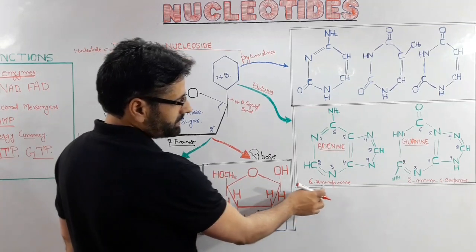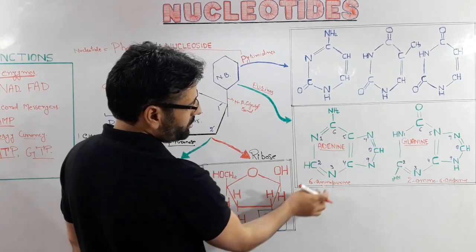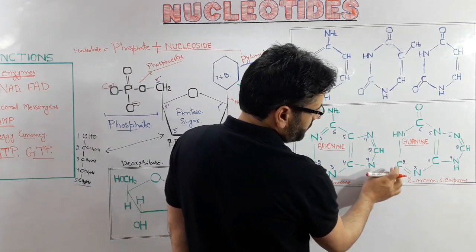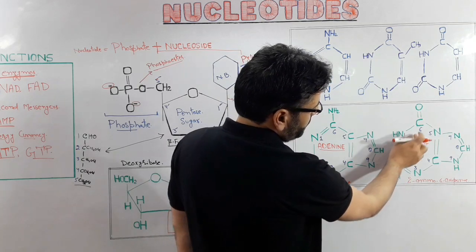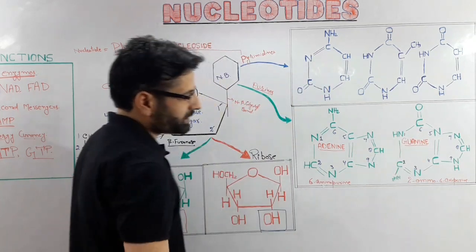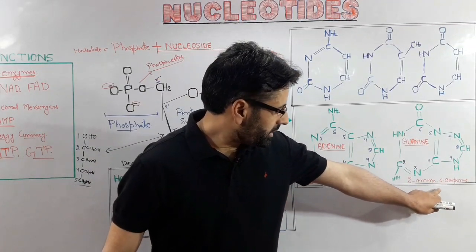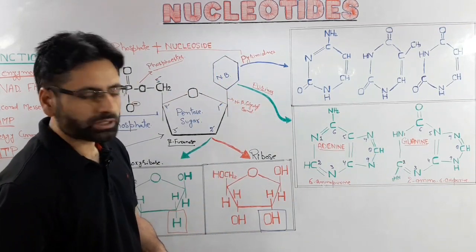If you remember these names, 6-amino-purine for adenine, because we have this amino group at the 6th position, and 2-amino-6-oxopurine, we have this amino group at the second position, and we have this ketone group at the 6th position. So these are alternative names. It will help you to remember the structure of these nitrogen bases.